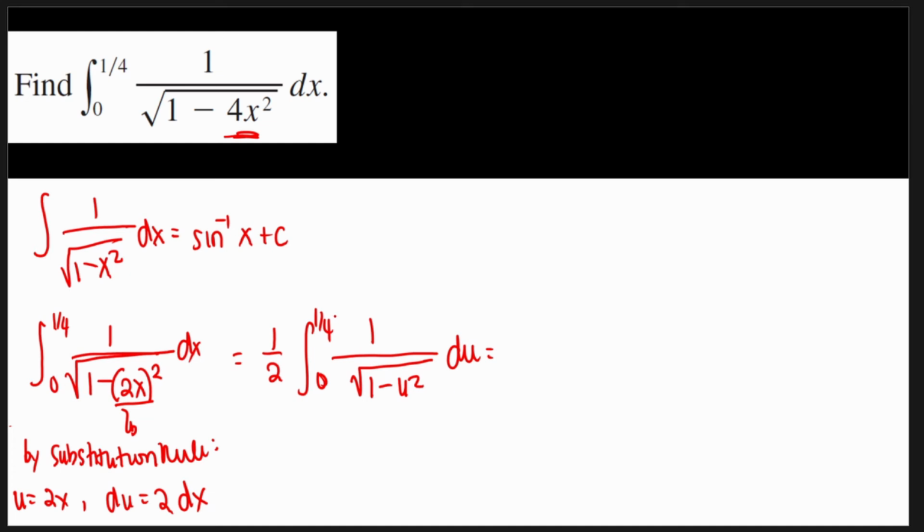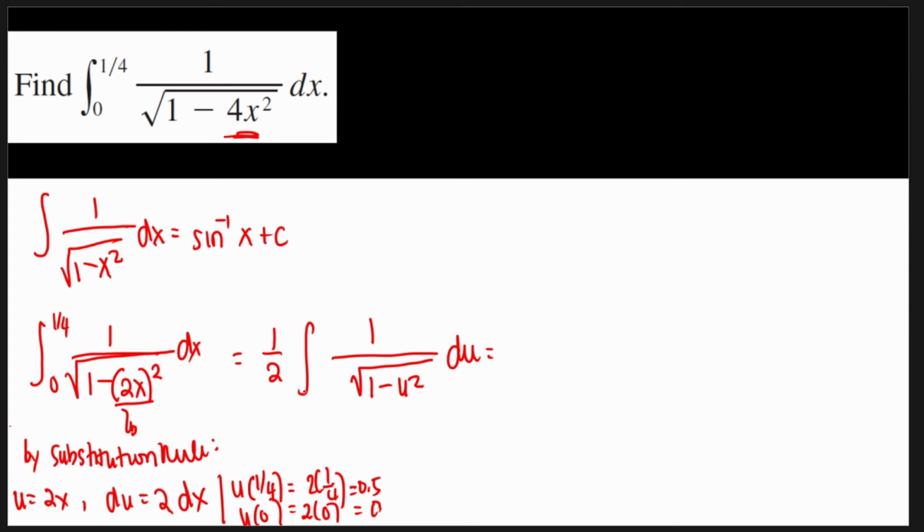Also, your upper and lower limits should be changed. So we need to replace these. The upper limit at 1/4 becomes 2 times 1/4, which equals 0.5, and the lower limit at 0 is 2 times 0, which is just 0 again.